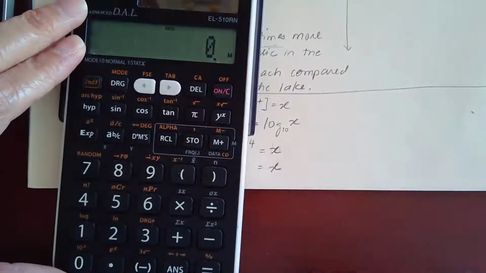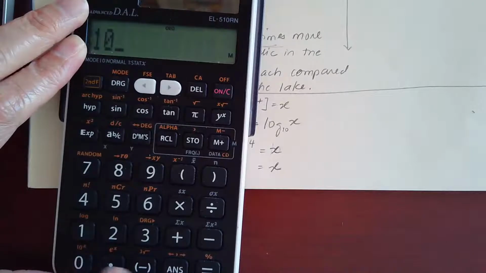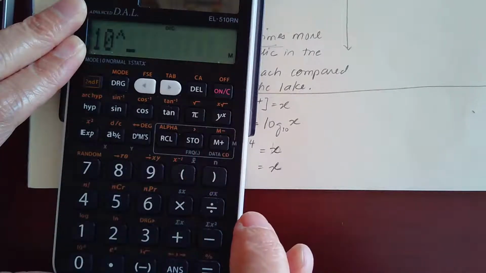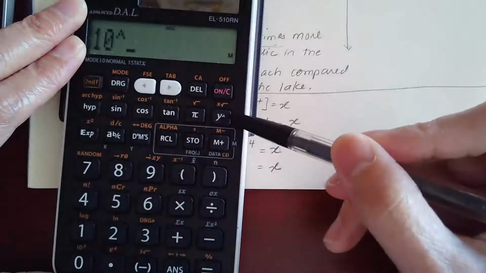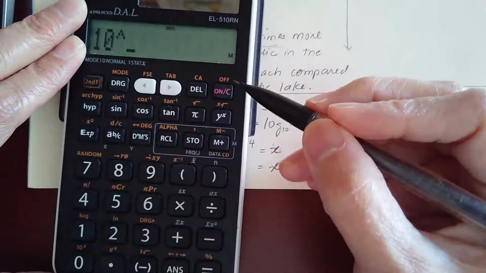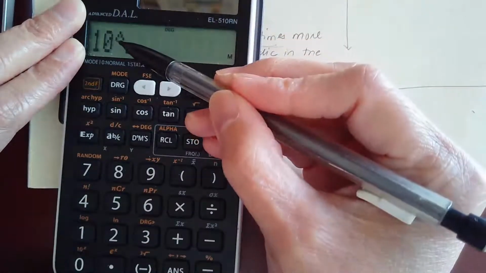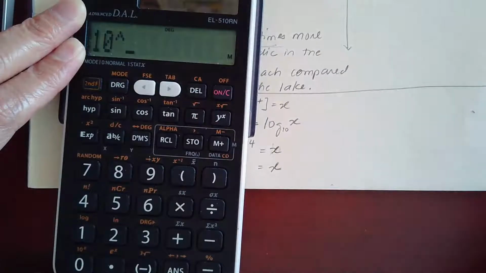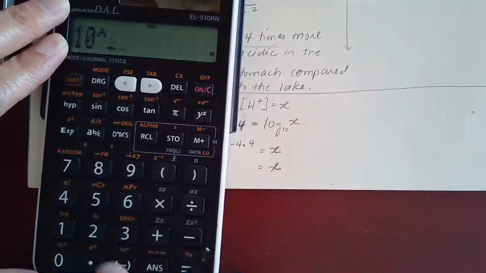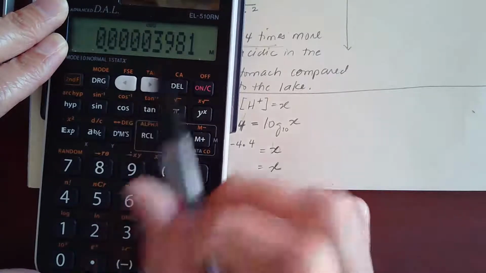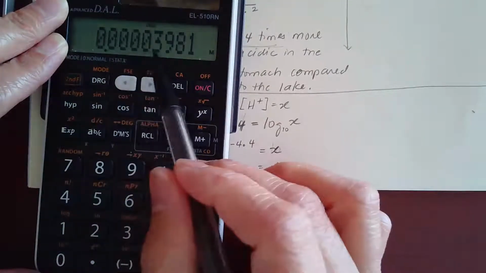So let's just take a look. So 10 to the exponent. Some of you have a y to the x or x to the y button, or sometimes your calculator has what looks like an upside down v. That's for your exponent. So 10 to the negative 4.4. And like I said, this is going to be a really, really small number.